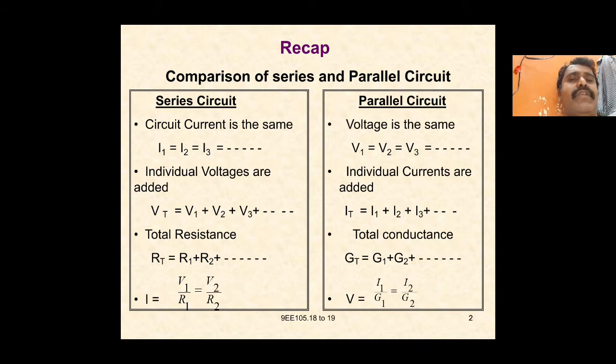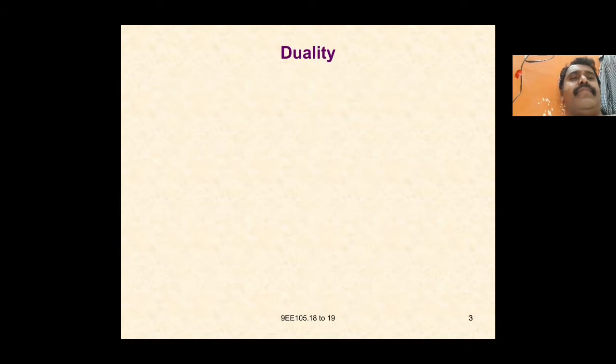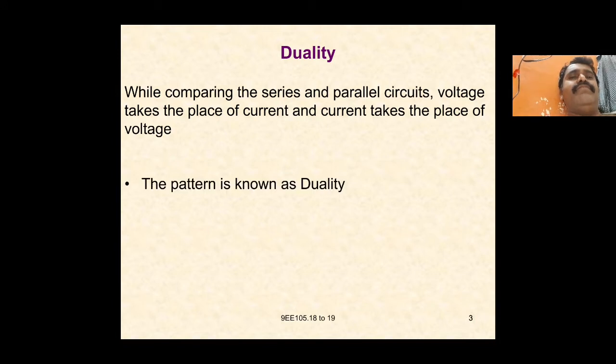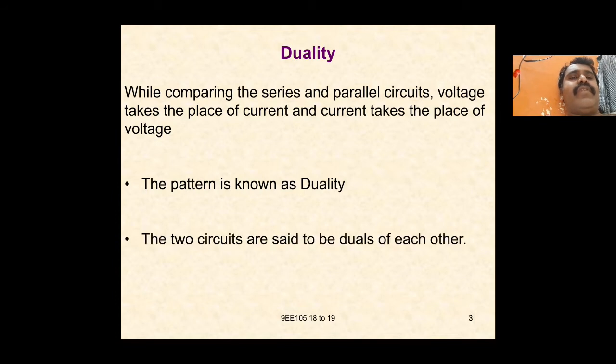Total resistance RT is equal to R1 plus R2, and total conductance GT is equal to G1 plus G2. Current I is equal to V1 by R1 is equal to V2 by R2, and V is equal to I1 by G1, I2 by G2. So duality: while comparing series and parallel circuits, voltage takes the place of current and current takes the place of voltage. This pattern is known as duality. The two circuits are said to be duals of each other.